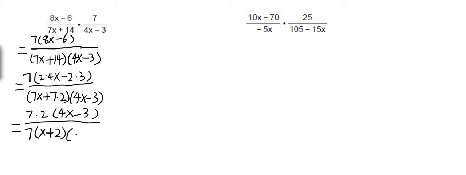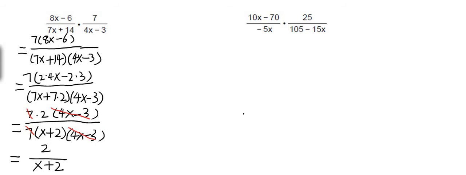And then we copy 4x minus 3. And now we can cancel out some terms. We have 4x minus 3, 4x minus 3. And we cancel out 7 and 7. And the terms left, we're gonna get 2 divided by x plus 2.